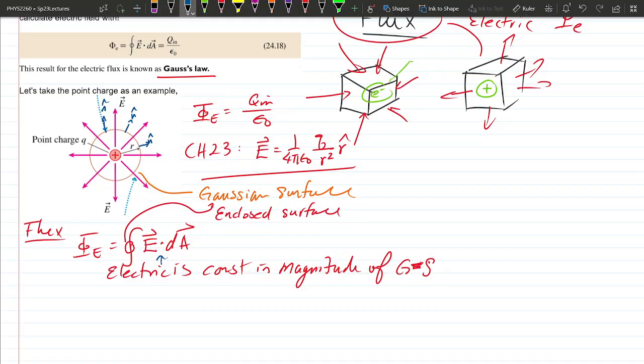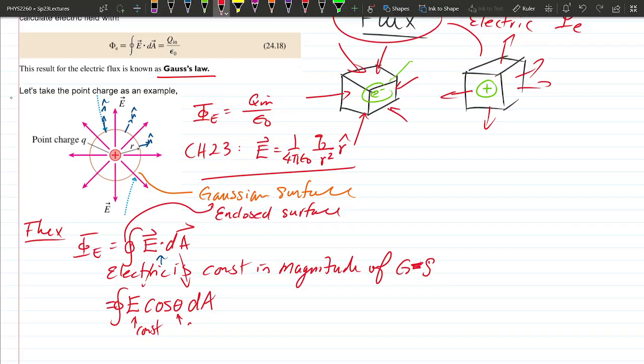Therefore, you can simplify this dot product by just taking the magnitude of the electric field times cosine of this angle theta, dA. That's what this dot product breaks up into. We know E is a constant on the surface.